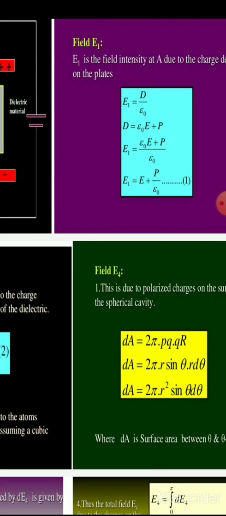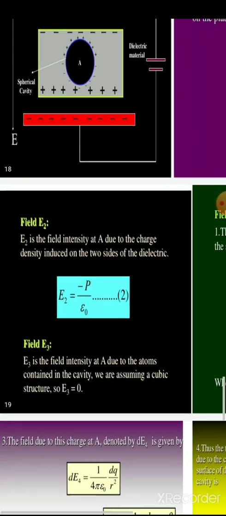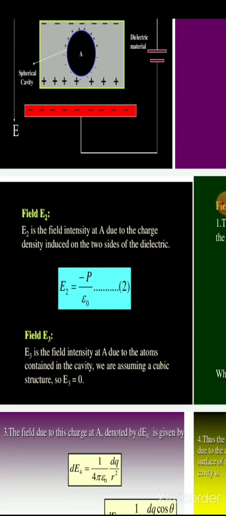The charge density on the plates is opposite to E1, and that is considered as E2. Just apply a negative charge: minus P by epsilon naught, negative because it is opposite.